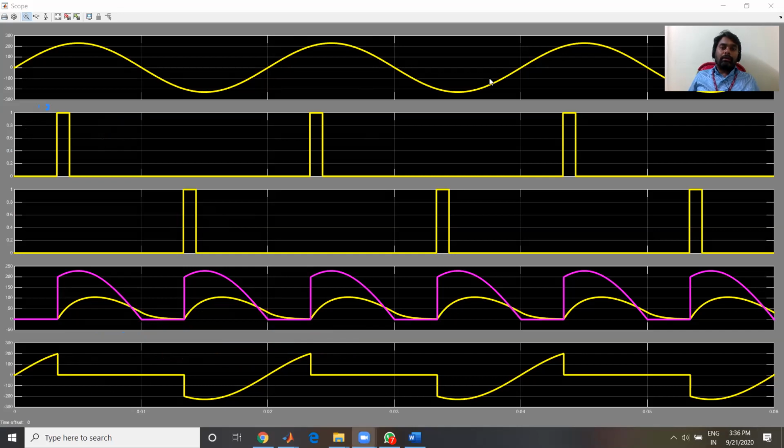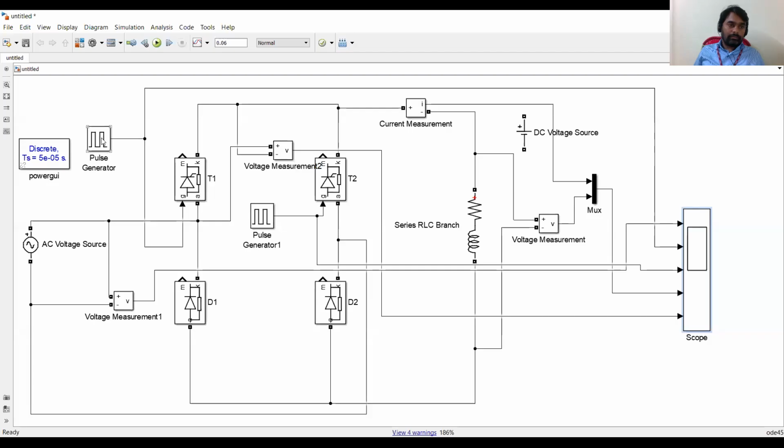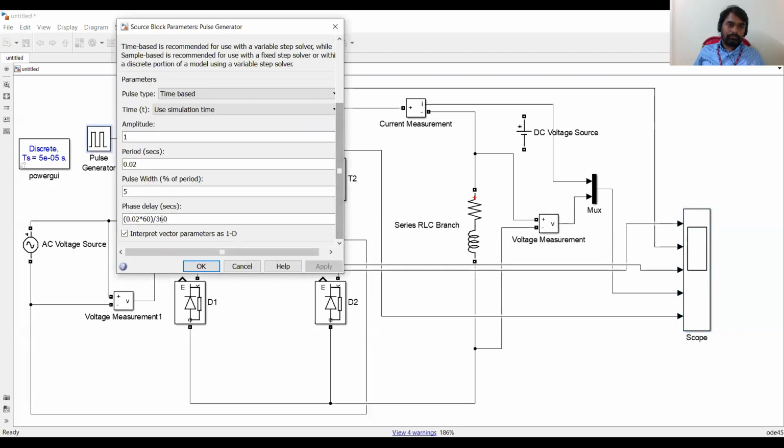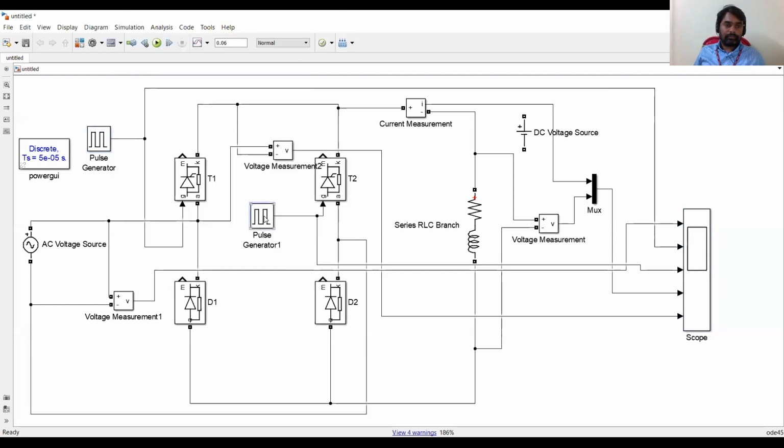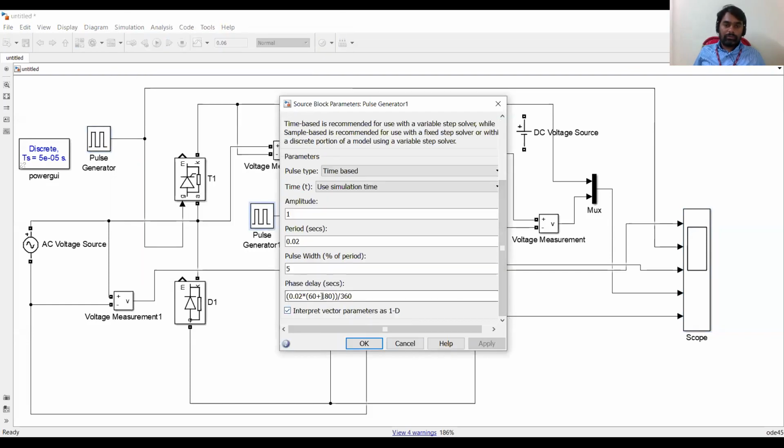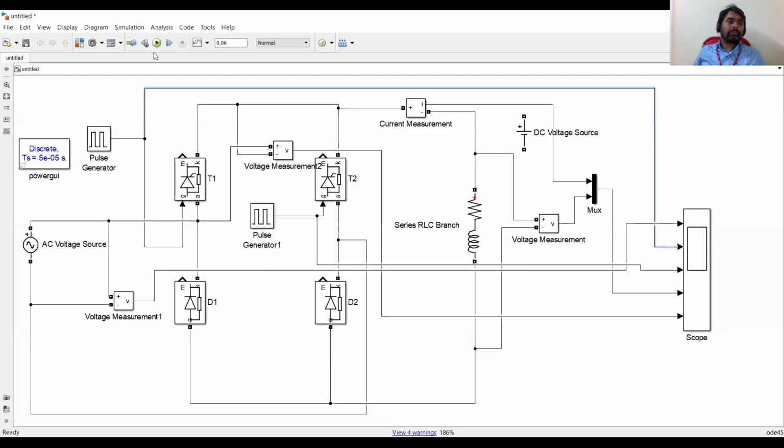Okay, now we'll go for one more firing angle. Let us go for 90, so that you will have more idea whether you are varying the output voltage or not, whether you are getting variable voltage or not, that you can justify here.